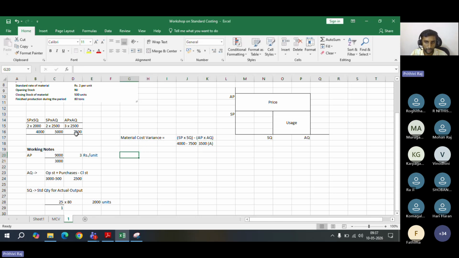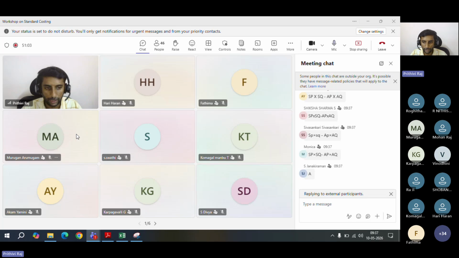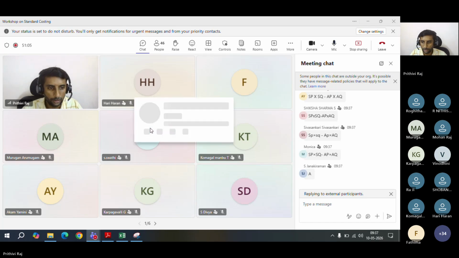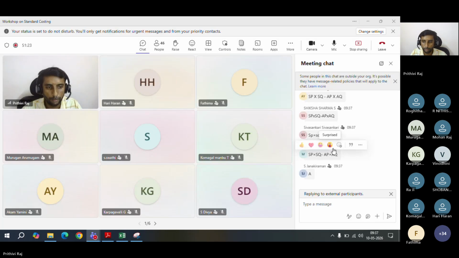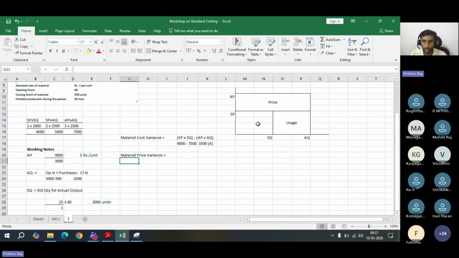Now let's go to material price variance. So what is the material price variance formula? Here is the table for you. I'll give like 30 seconds. Just try this box. So what is the formula then?